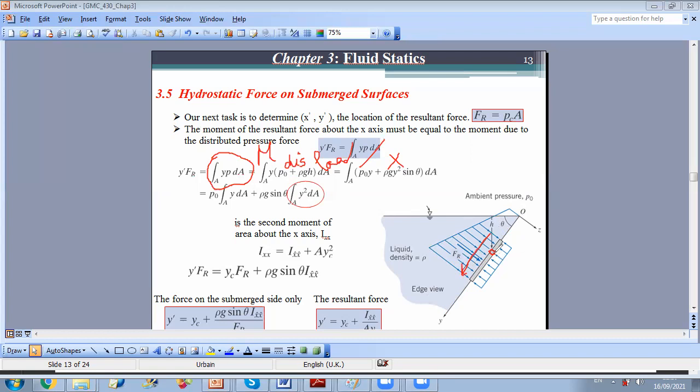At any elementary area dA, what is the force acting on it? I will call it dF. How do we calculate the elementary force dF? dF depends on what? It depends on the depth H of the area element. So dF will be the pressure times dA.